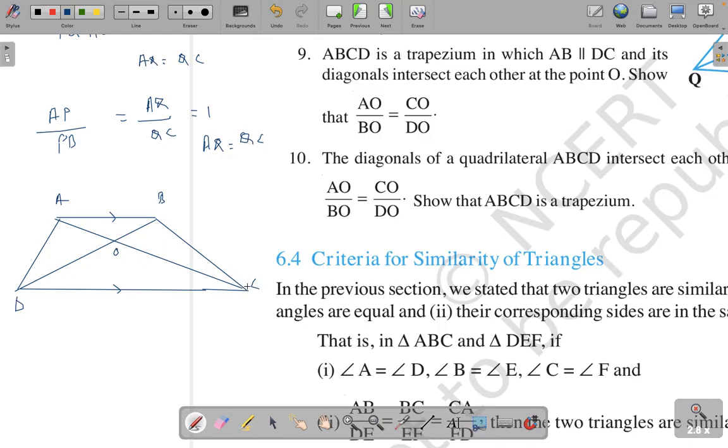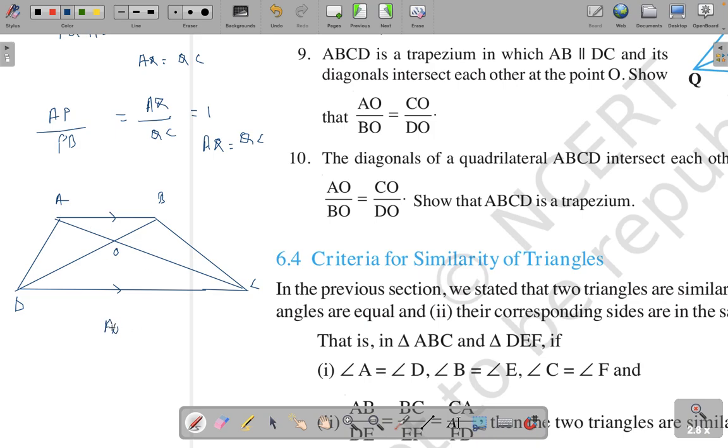So you cannot use BPT because, see, if you take triangle ABC, you can get AO upon OC.